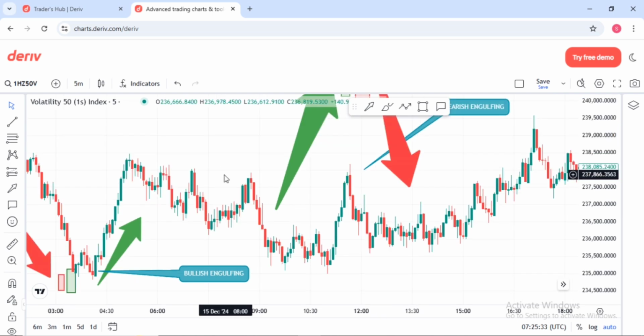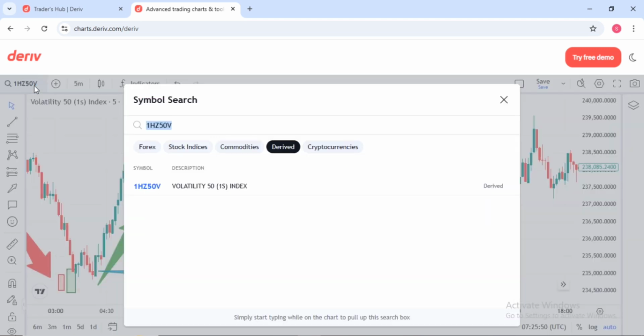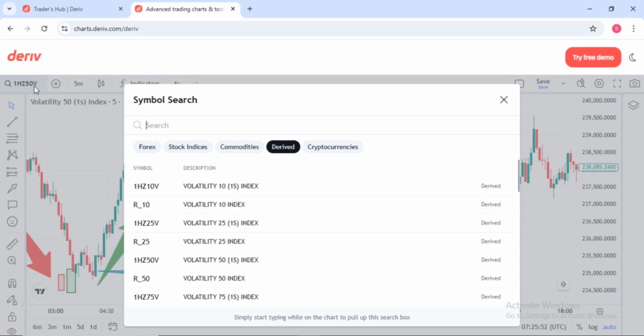I can also look for another market. So make sure you practice this using your demo account and see how it goes. Let me maybe change the market here, the volatility.